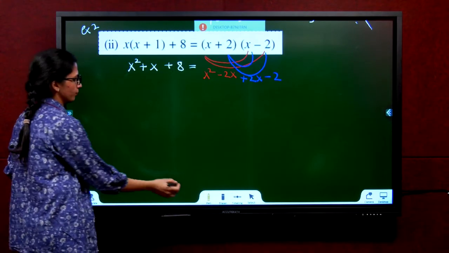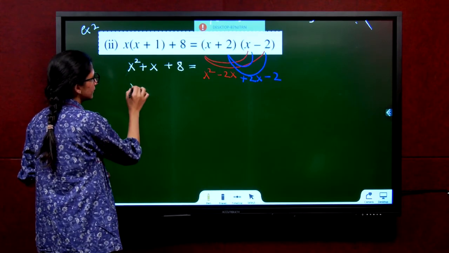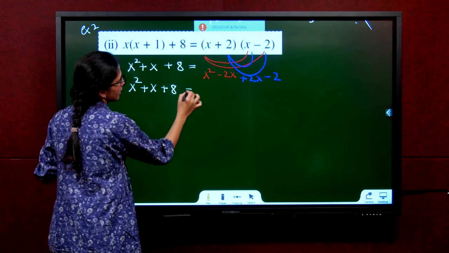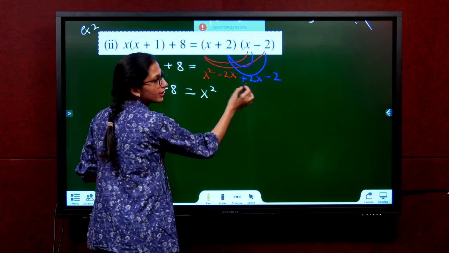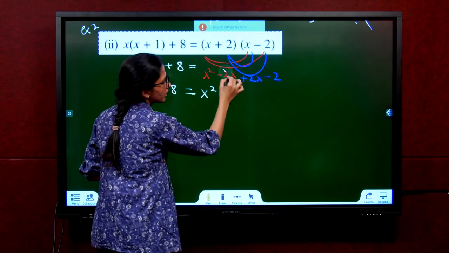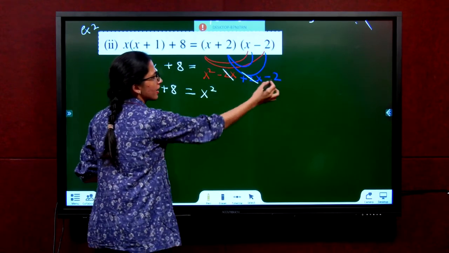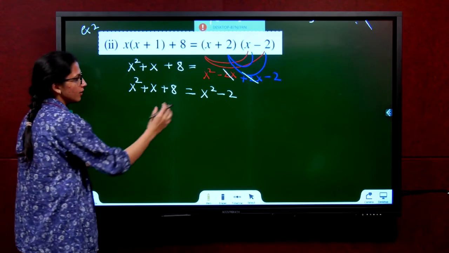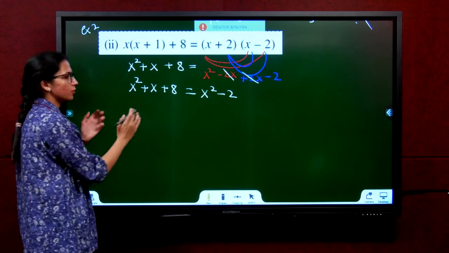What do we do now? We just simplify. This is x square plus x plus 8 is equal to x square minus 2x plus 2x. Minus 2 plus 2, 0. They get cancelled out. So x square minus 2 is left. Now as usual, as we saw in the previous sum, we shift everything to one side.